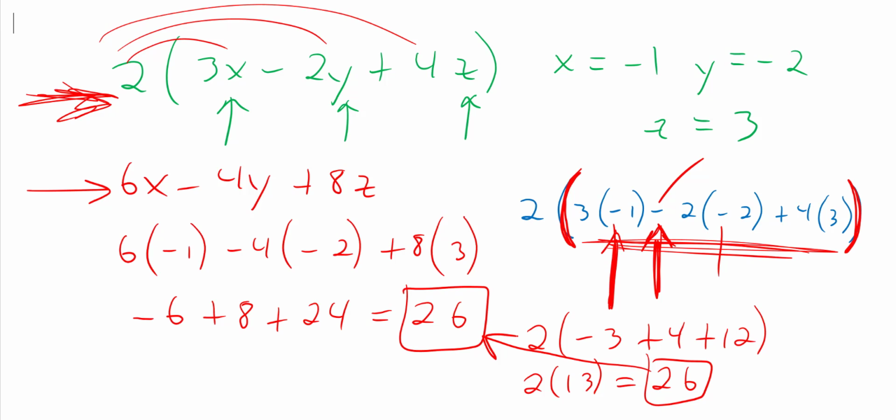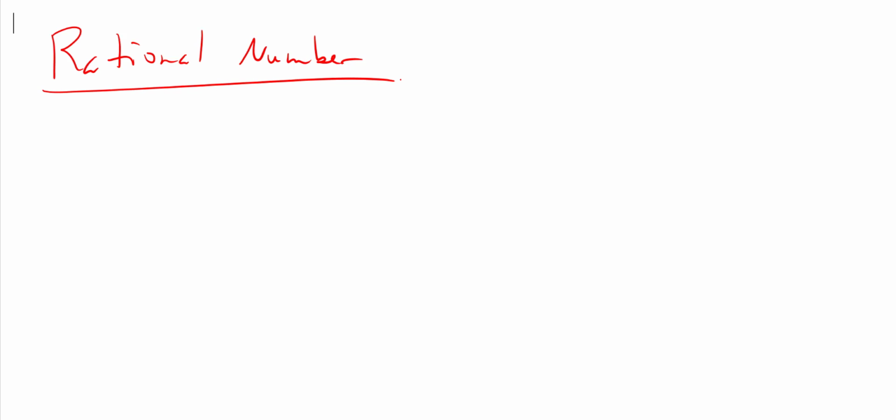So anyway, this is a good review even for the quiz. Make sure for the quiz you know what a rational number is, what an irrational number is. So let's even look at that as well here. A rational number. Most numbers are rational.